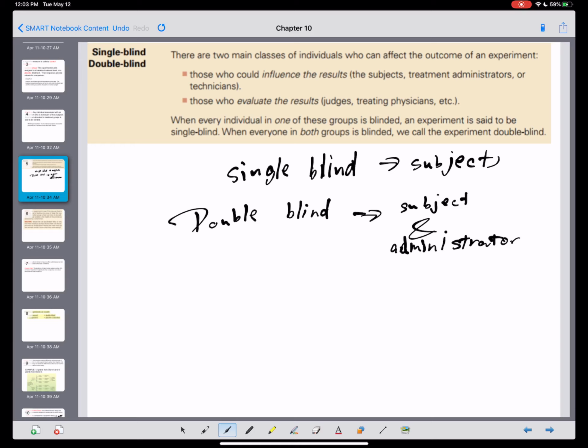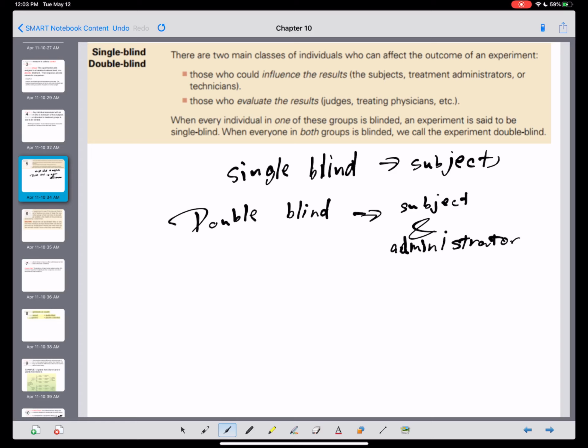The reason a double blind is really important is because if I work for, let's say, a medicine company and I want to show that my medicine works, and I know who is taking my medicine, then of course I'm probably going to push the stats to show that it's more effective.